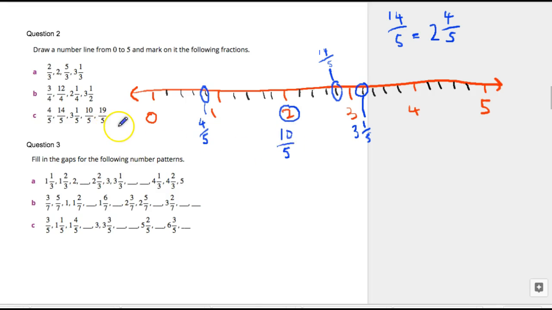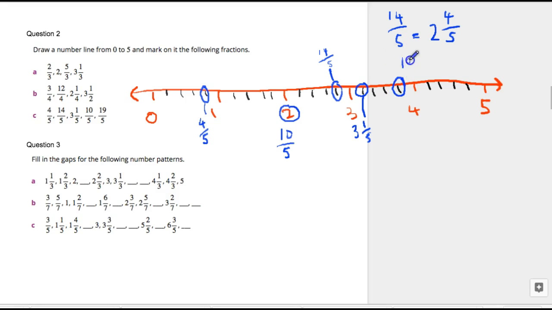And then 19/5. Well, it seems quicker to probably do that as a mixed number, but we'll count first. 1, 2, 3, 4, 5, 6, 7, 8, 9, 10, 11, 12, 13, 14, 15, 16, 17, 18, 19 here.